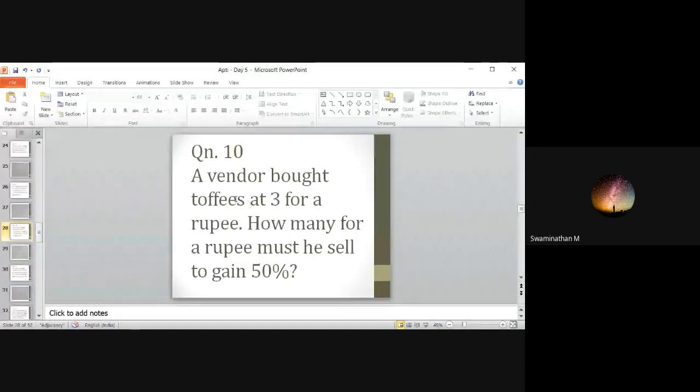If he wants to gain 50%, for a rupee, how many toffees must he sell? 3 toffees for a rupee is the cost price. With 50% profit for a rupee, how many toffees must he sell?